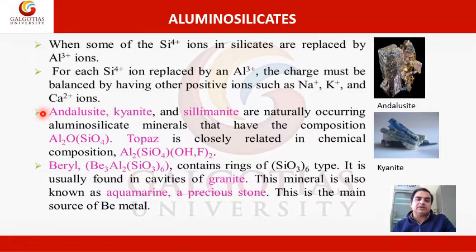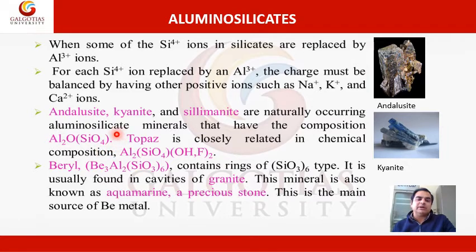Further examples of aluminosilicates are andalusite, kyanite, and sillimanite. These are naturally occurring aluminosilicate minerals that have the composition Al2OSiO4, where both alumina and silica are joined with each other.